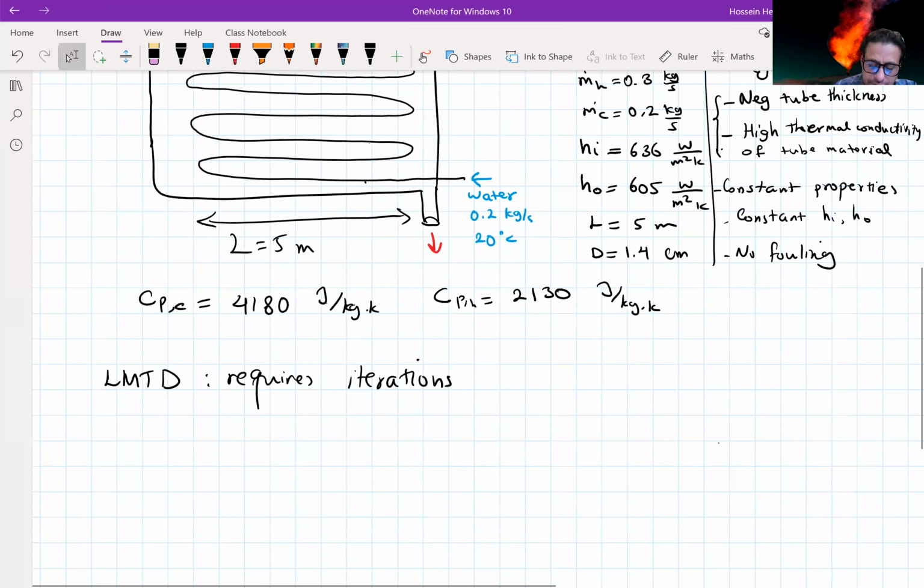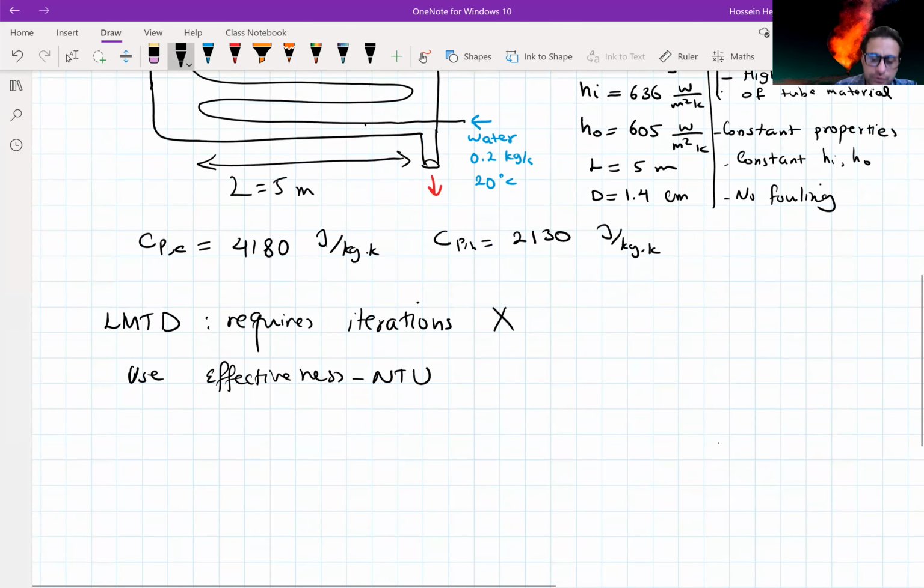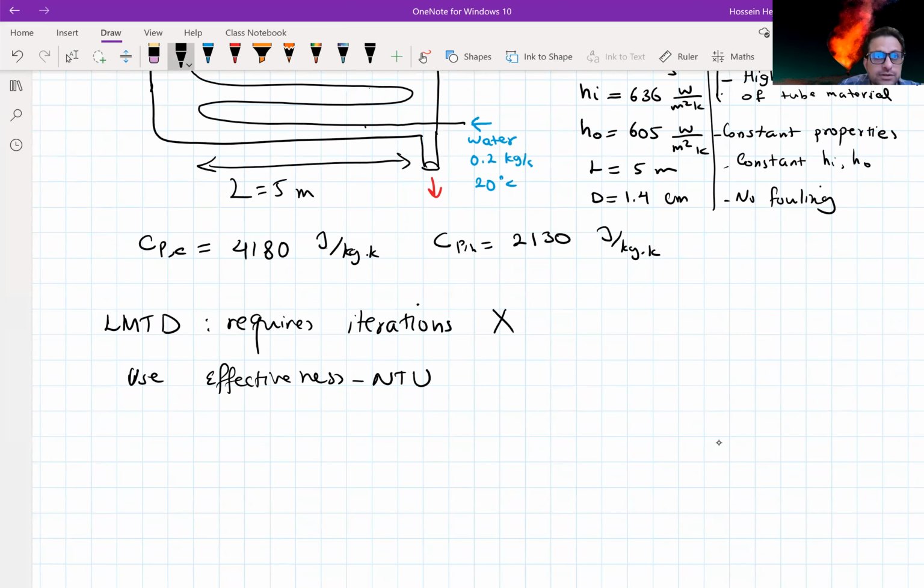So we're not going to use that one. So we use the effectiveness-NTU technique.